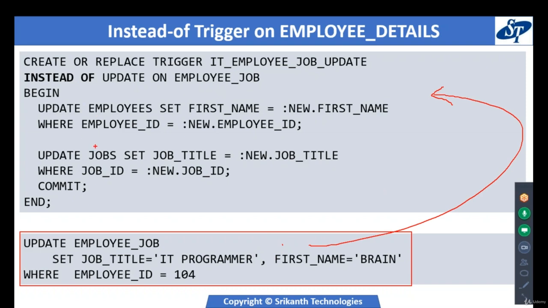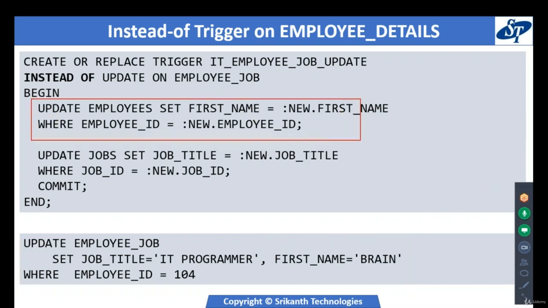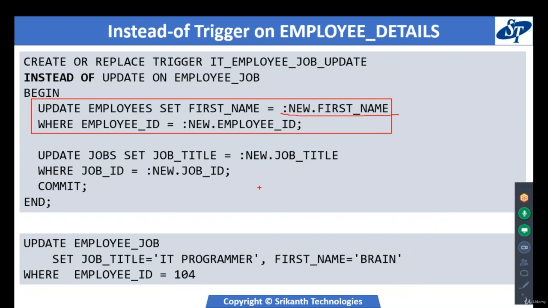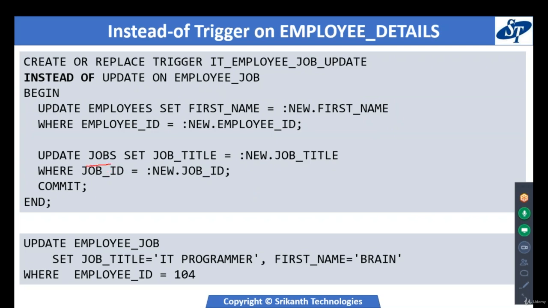When this block is executed, there I want to update employees table, change the first name to new first name, and I want to change jobs table and set the job title to new job title.